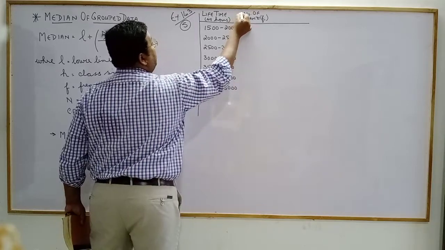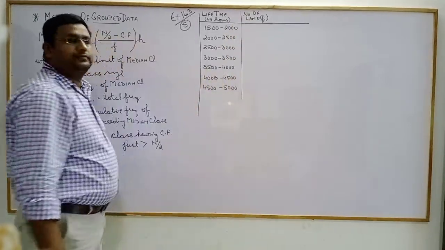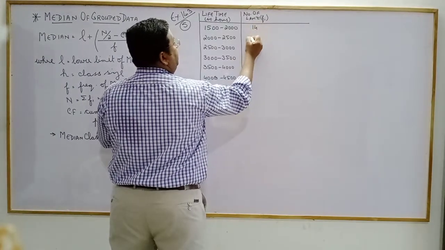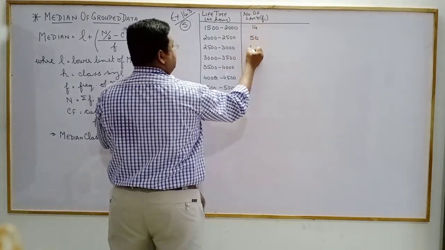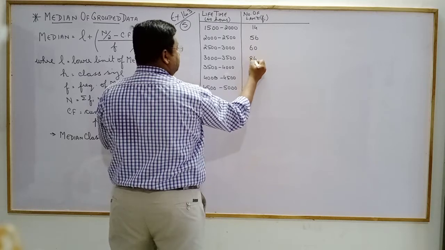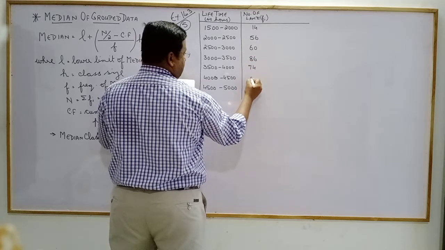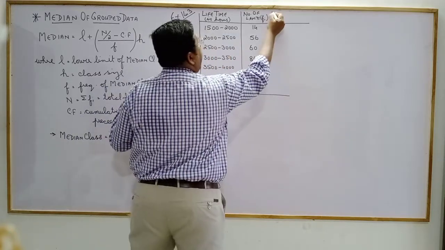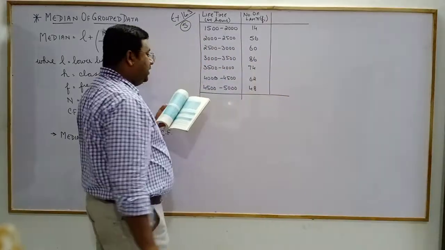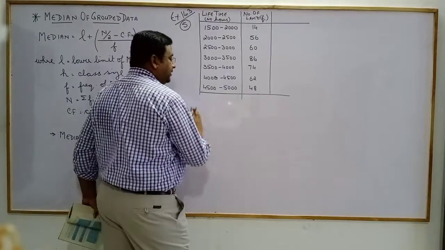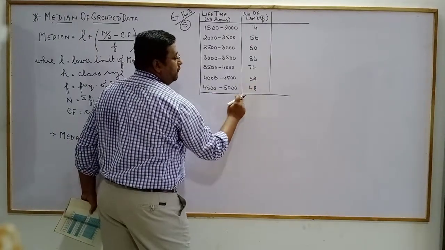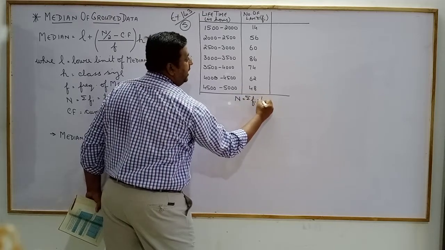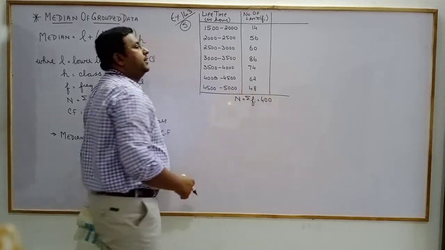These are the life in hours. Correct? And the number of lamps is 14, 56, 60, 86, 74, 62 and 48. The total number of lamps is also given in the question, 400 lamps. So we know the total is 400, that is n, or sigma fi. How many lamps in all? 400.